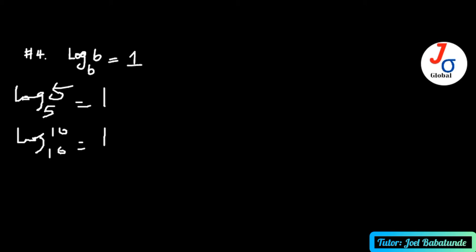So let's see this example. Let's say log 25 base 5. What do you think this answer is going to be? Okay. Right. So we're going to apply the knowledge we've gotten from the previous laws.